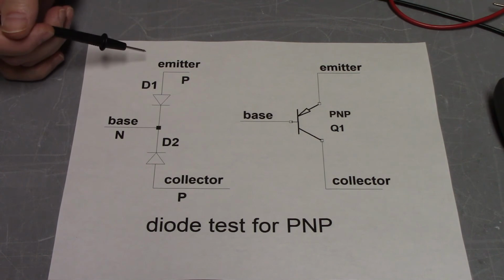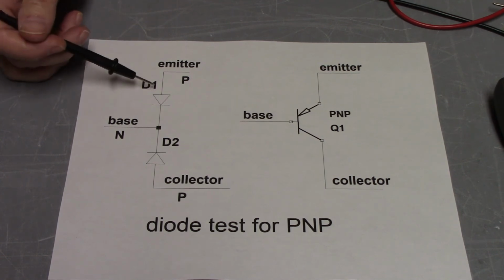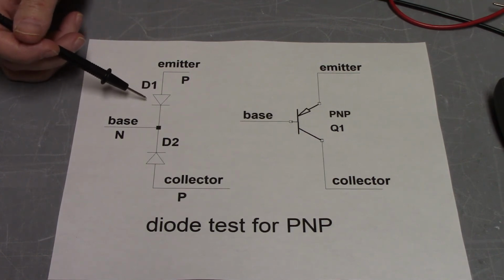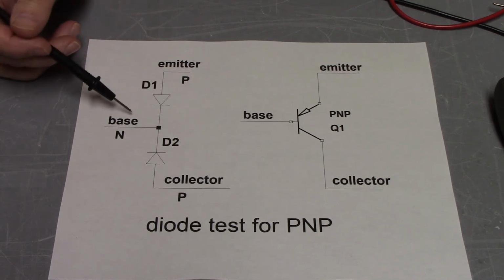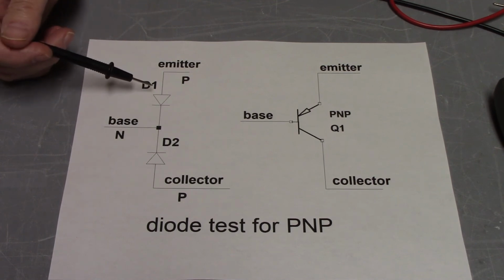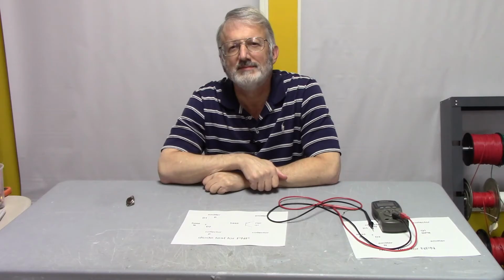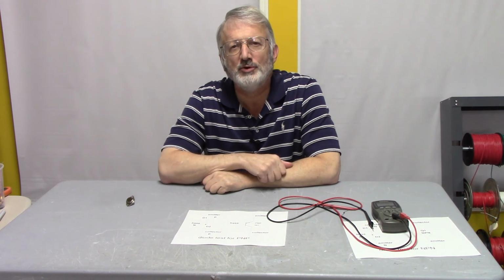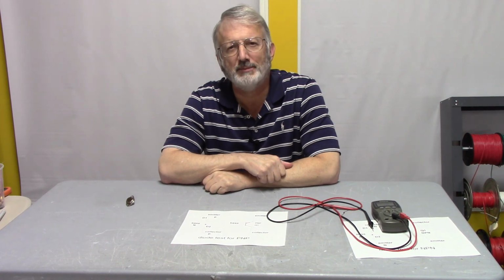You can use that same technique to look for either a low voltage of about 0.4, 0.5 or 0.6 volts, or an OL condition to see that everything on the PNP transistor you're testing is at least grossly functional. So now you know how to use the diode check on an ohm meter to check diodes, and more usefully, to check transistors to make sure that they are grossly okay and not blown up, so that when you put them into circuits, hopefully good things will happen.